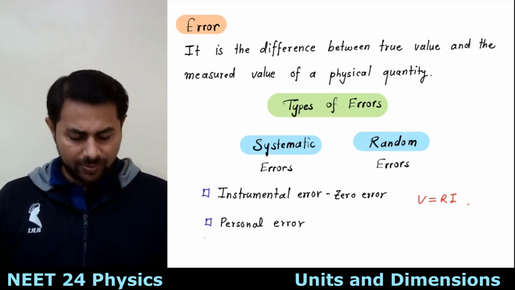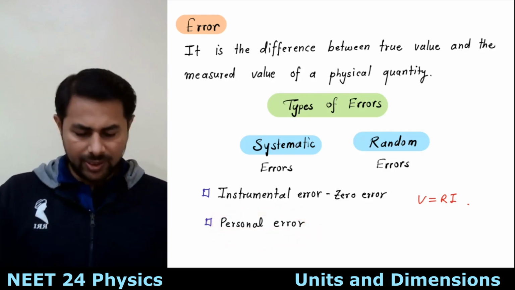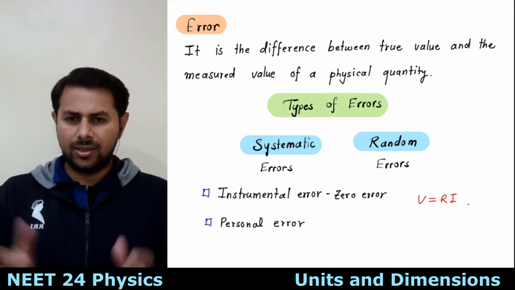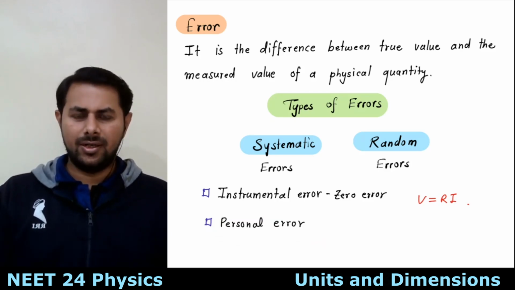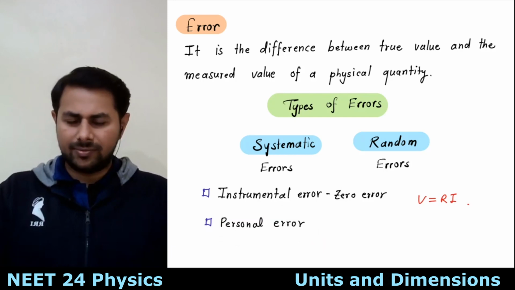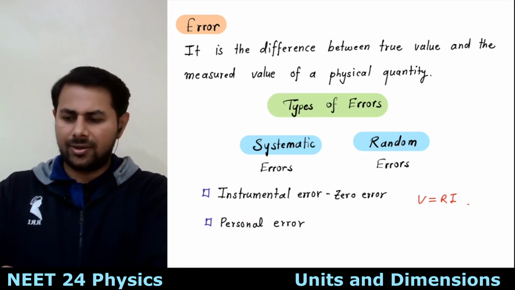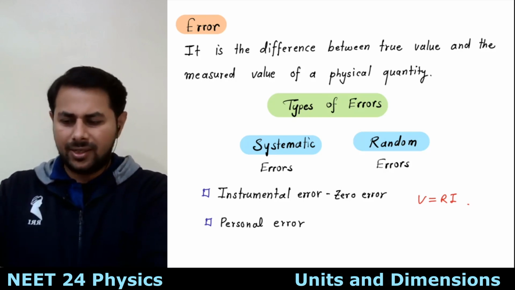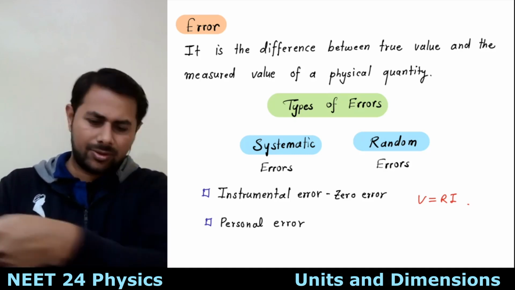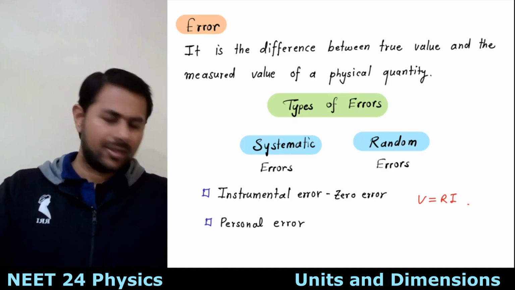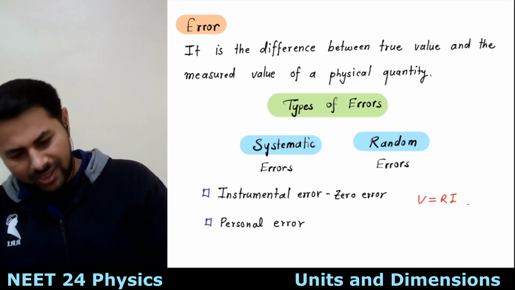Then there is personal error. So what is a personal error? For an example, you want to measure the length of a desk, and you have some scale, and suppose you put the left end of the scale at the left end of the desk, and then you stretch your scale, the rolling scale, till the other end, and you see like this, what's the length, let me check.